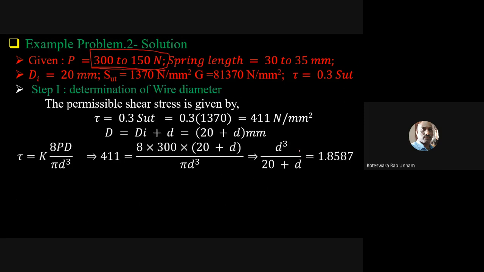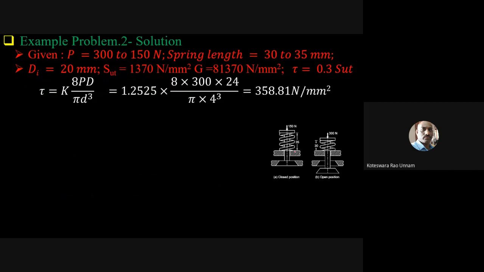The spring is subjected to a fluctuating load. See, this is the closed position and this is the open position. In the open position, the load is 300 Newtons. In the closed position, it is 150 Newtons.